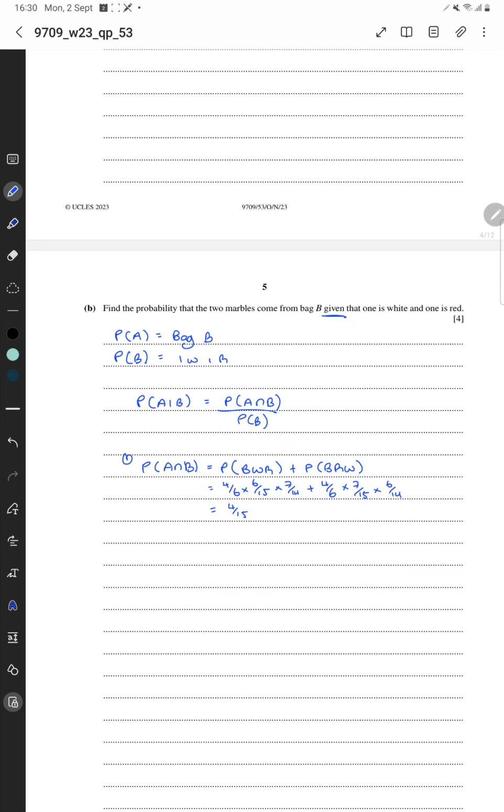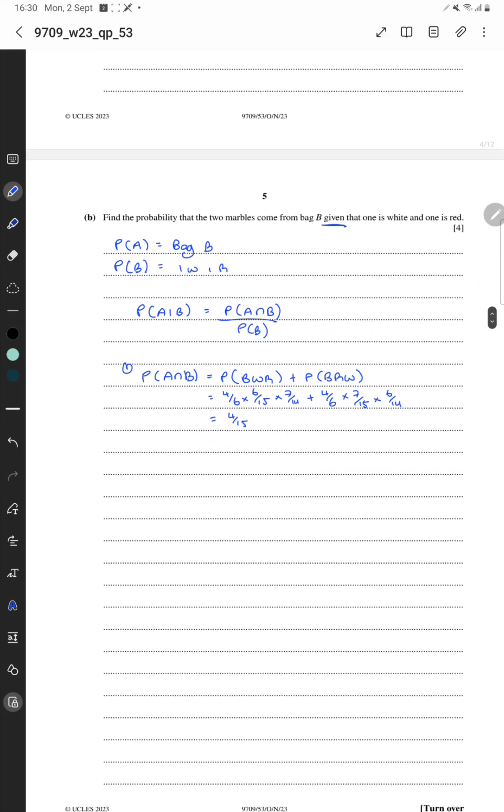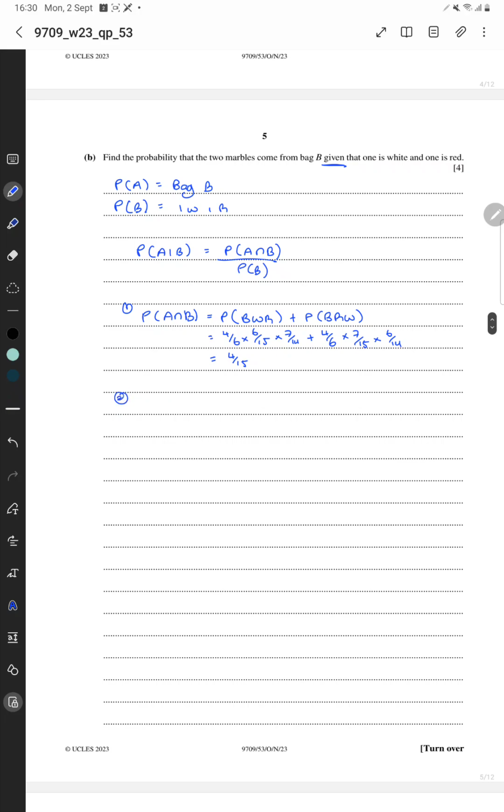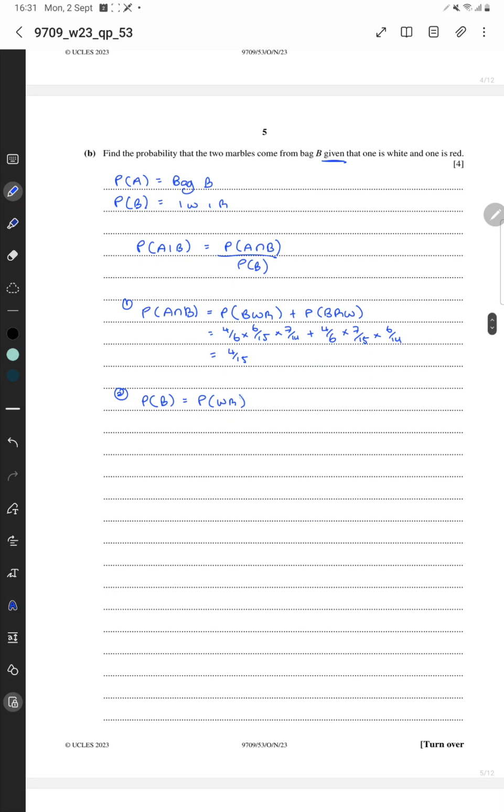Okay, great. Now you're not done because you actually need to find the probability of B, which is getting 1 white and 1 red. So this is quite a lengthy formula. The probability of B is equal to the probability of white and red. The previous part only covers bag B. What we need to do is find it from bag A as well.